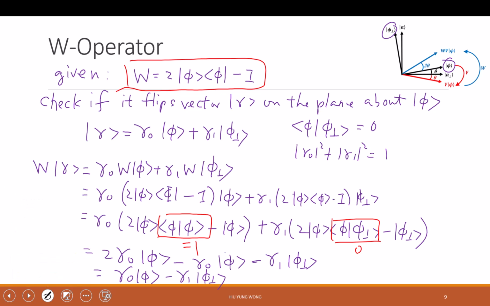Then let's draw a diagram again. So this time we are going to have phi. I do it a little bit tilted. This is phi. This is phi perpendicular. So originally I have a vector, let's say here.